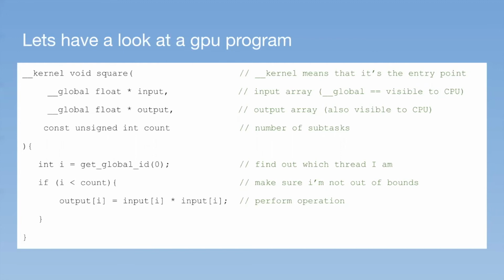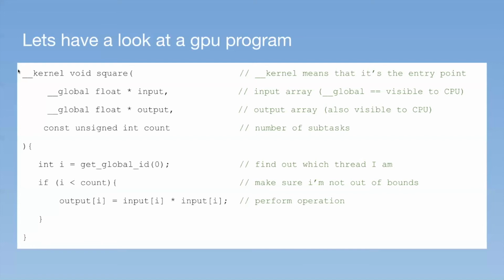So this is your entry point. This is the function that's called 1,000 times in parallel. And that's what the kernel keyword denotes. And it also shows that this function is going to be visible from the CPU. So you can call this function from your C code.